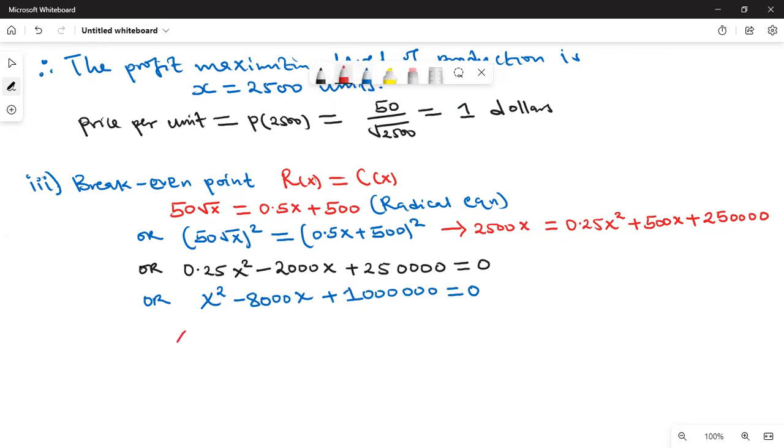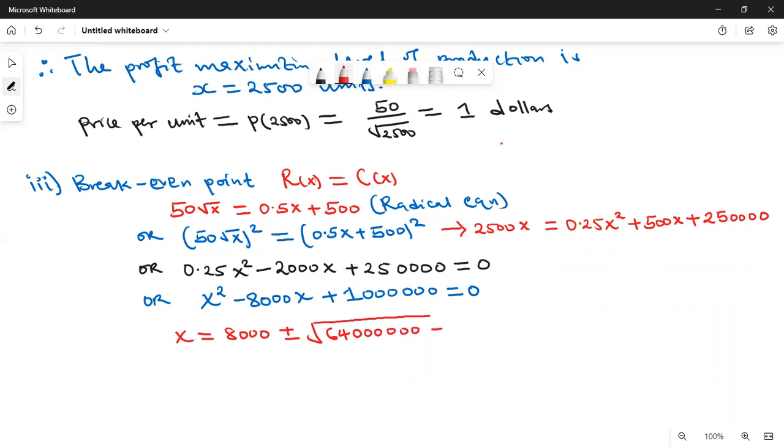So let's solve this equation using the quadratic formula. So we say x is equal to negative b, that is 8,000, plus or minus the square root of b squared. What is 8,000 squared? So that is 64 with the 6 zeros.